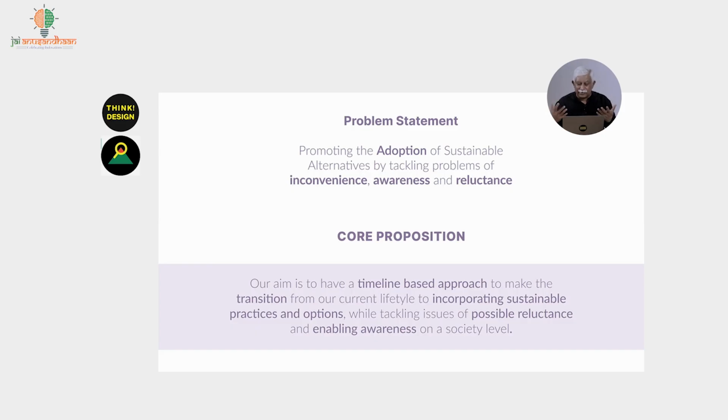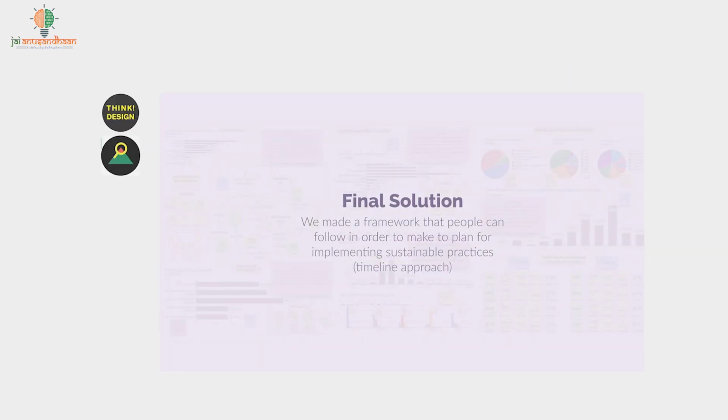You have to also tackle issues of reluctance and also enable awareness at a society level. So the final solution that we worked on was to make a framework that people can adopt and follow in order to make a plan for implementing sustainable practices across a period of time.